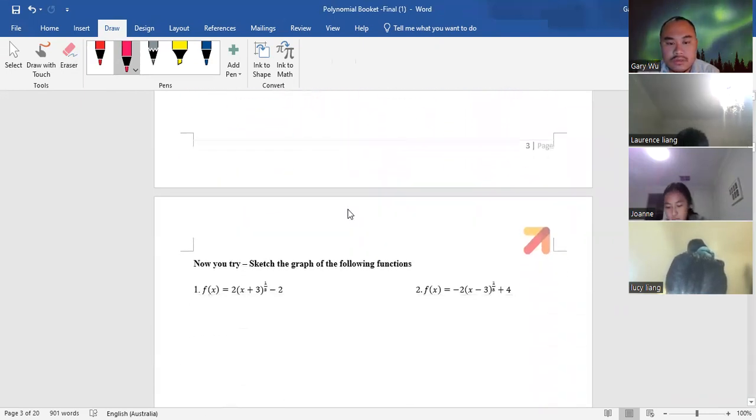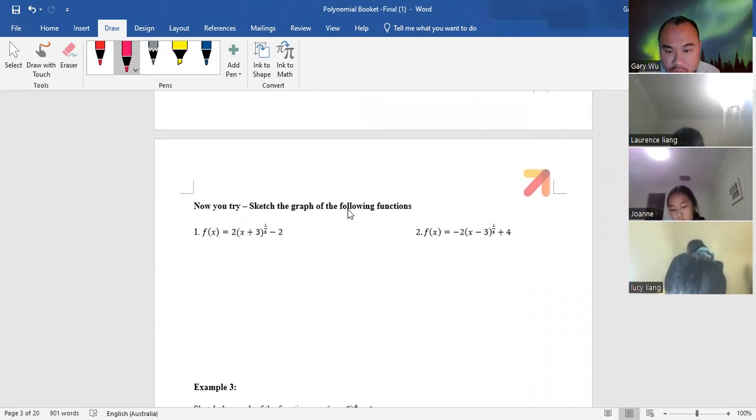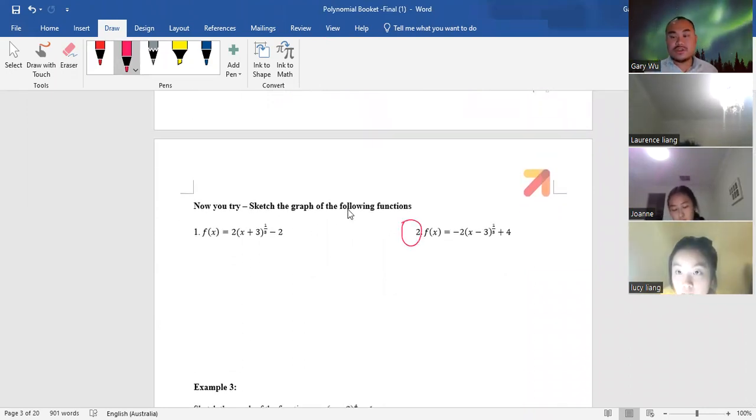All right, so before we move on, let's try one on your own. So let's try this one. This one we have dilation, reflection, and translation.